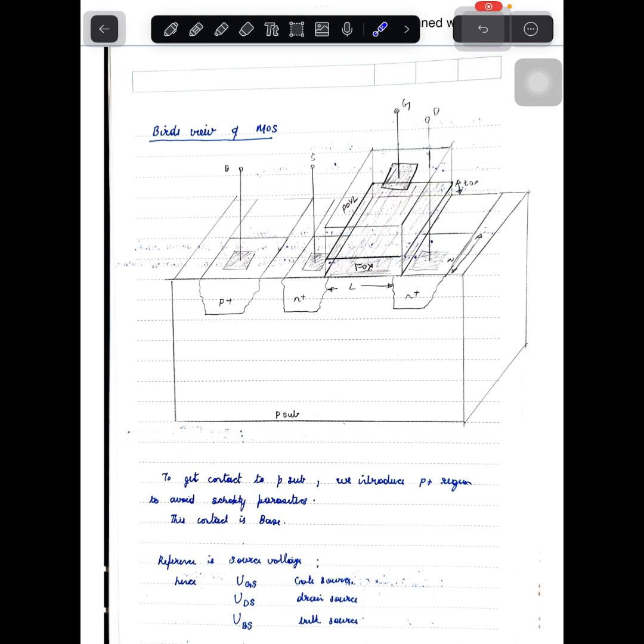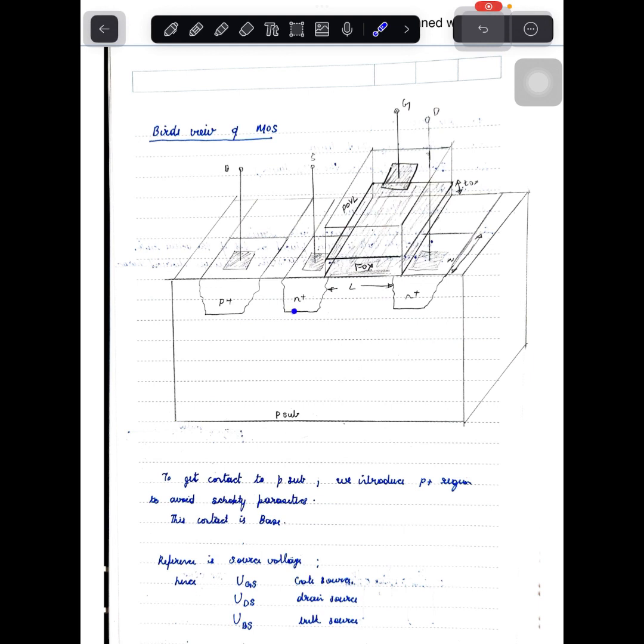Then we have two other blocks, that is the N plus regions shown here. One N plus region is connected to a metal contact and is called the source terminal. The other N plus region is also connected to a metal contact and is called the drain. The width of the source and drain is the same and is equal to W. The length of the polysilicon is nothing but the length of the channel.